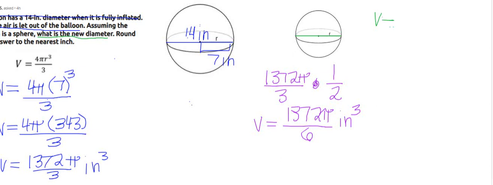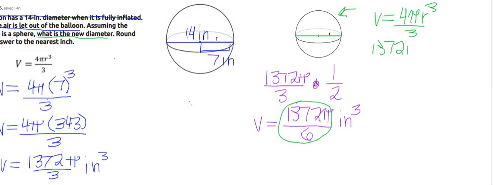Volume equals 4 pi r cubed over 3. I know its volume, so we're going to say 1372 pi over 6, replacing V in V equals 4 pi r cubed over 3.